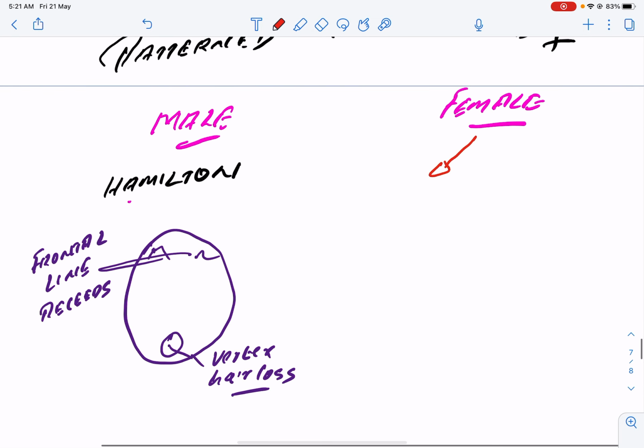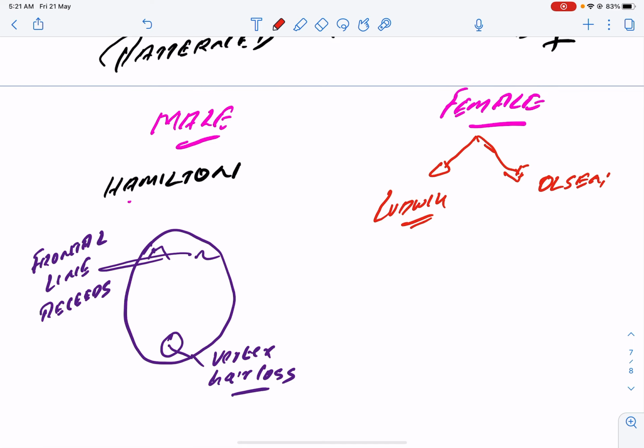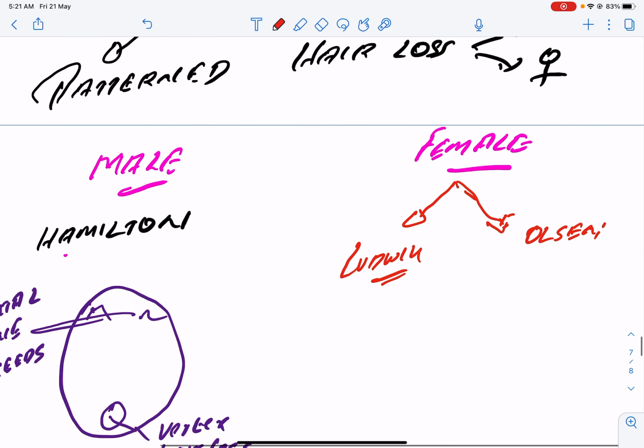Females will have two types. One is called Ludwig type, and the other is called Olsen type. From the word, in females the frontal hairline will be maintained; they don't have that front baldness.